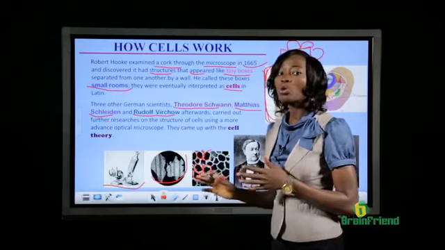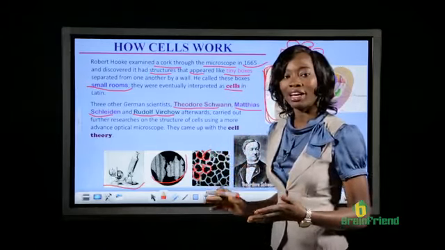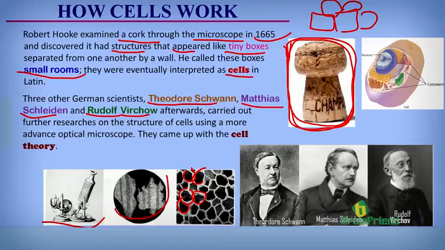Remember, Robert Hooke was only able to see small rooms separated from one another by a wall. So by the time these three scientists used a more advanced microscope, they were able to see other structures within a cell. These three scientists came up with the cell theory, a theory that explains the cell.